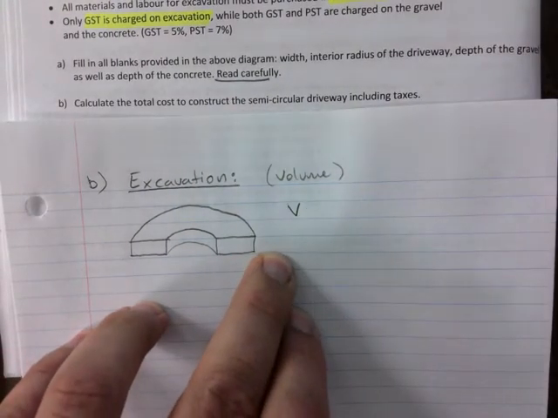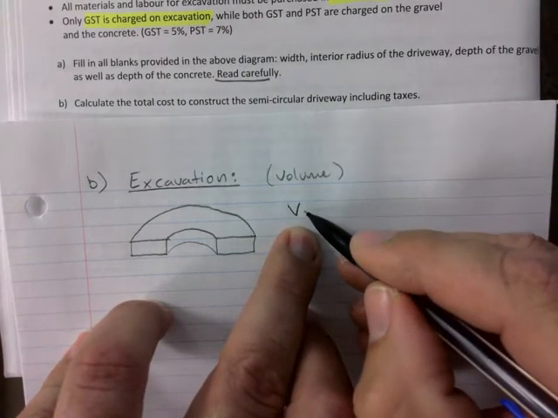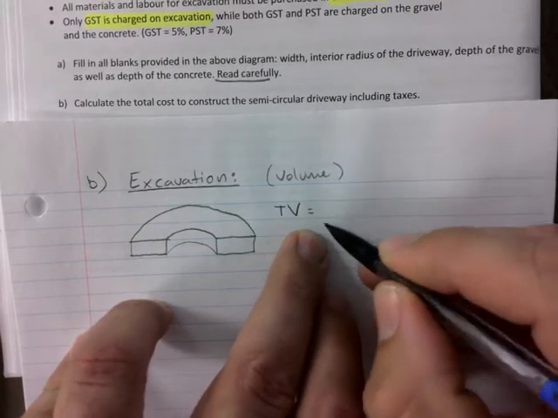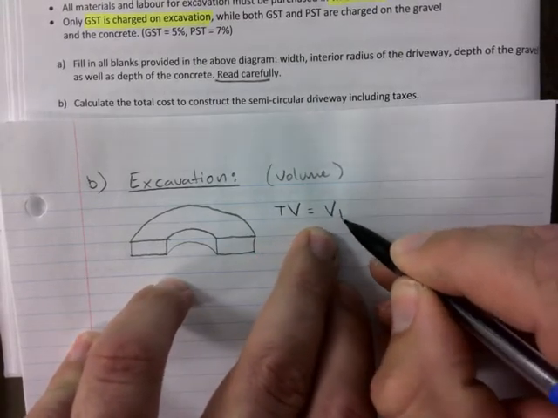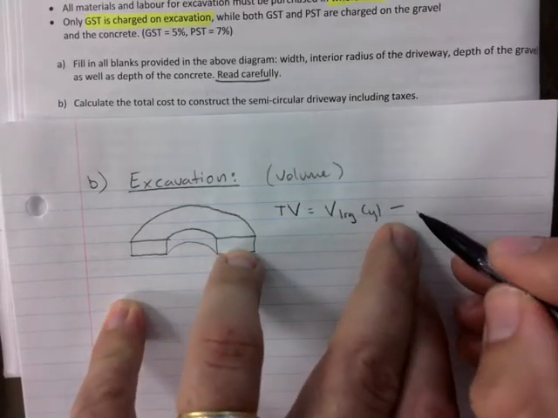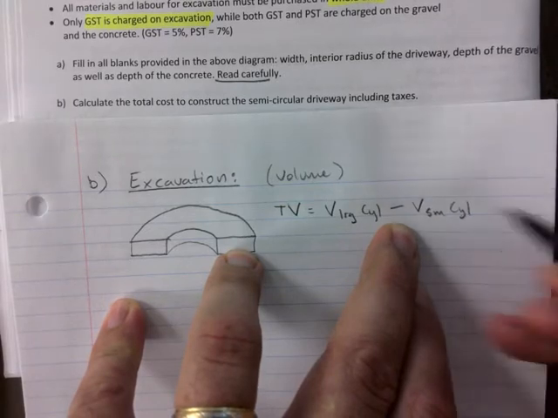This might be different than my key, by the way. If you looked at my key, it's probably going to be different. Total volume is volume of large cylinder minus volume of small cylinder. Got it.